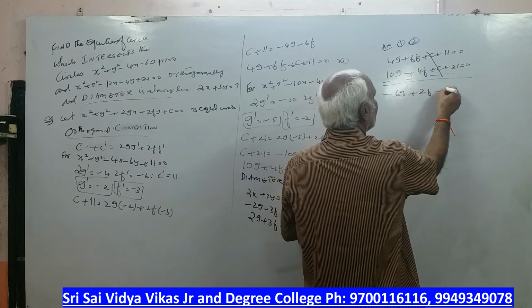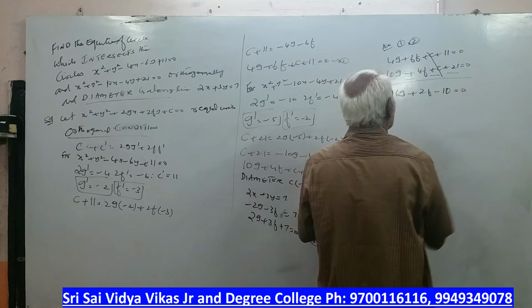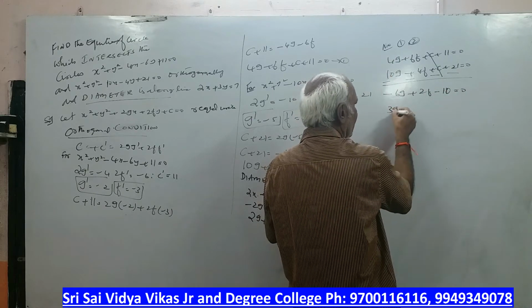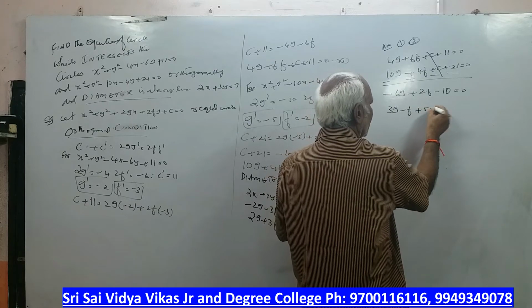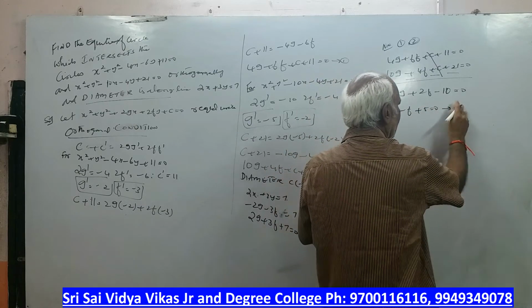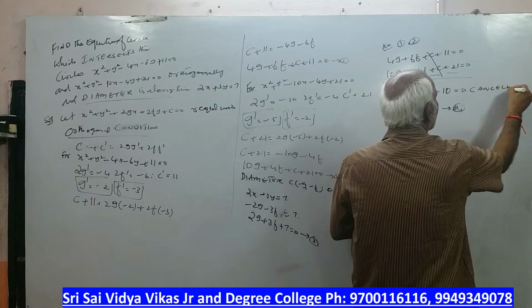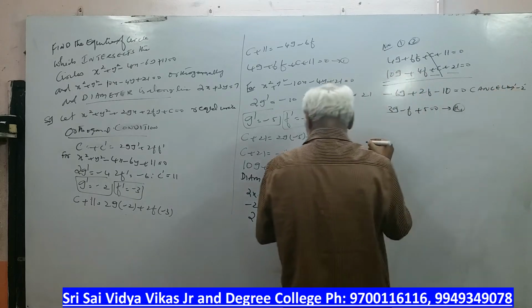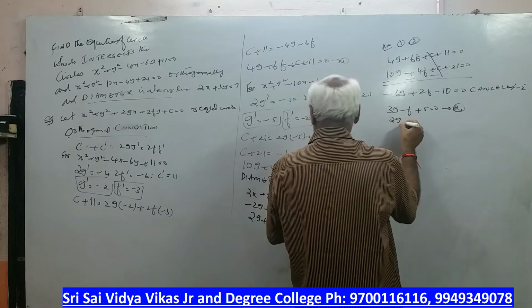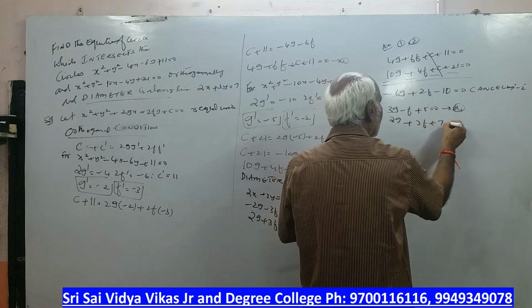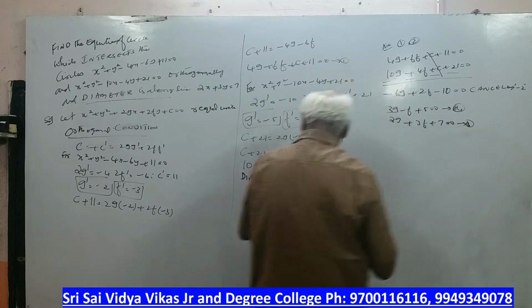Minus 6g plus 2f minus 32 is equal to 0. Cancel with minus 2. 3g minus f plus 16 is equal to 0. Fourth equation. What is the third equation? 2g plus 3f plus 7 is equal to 0. Third equation.